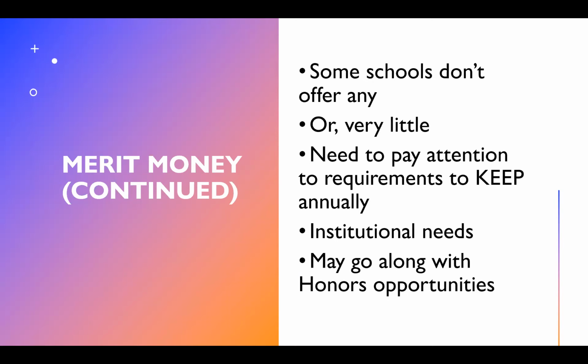So sometimes the students need to keep a minimum GPA, which for many students is not a problem. But I can't tell you how many times I'm reading online about students who get this great scholarship, go off to college, and they're not doing as well in their classes, and they lose the scholarship. So it's very important to understand the conditions.